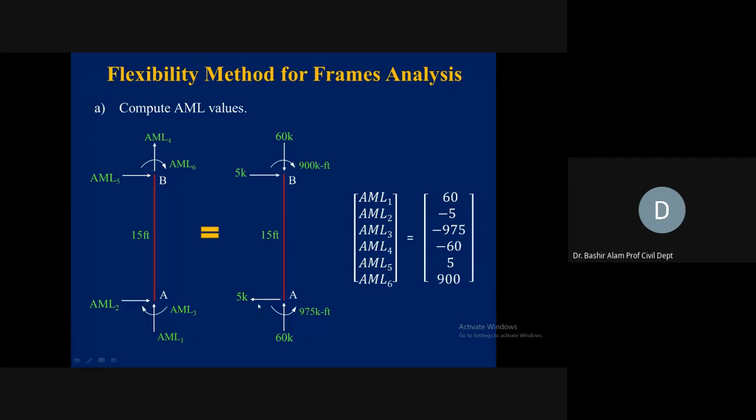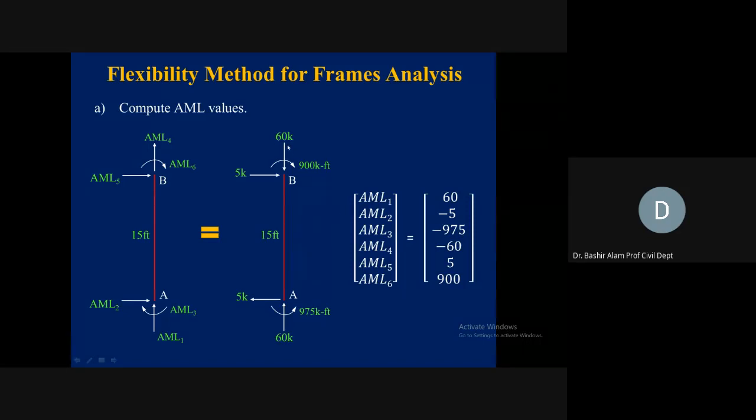AML2 rightward, but here 5 from the actual analysis is leftward, opposite to this one. So it means it is negative, and -5 we write here. Moment clockwise, AML3 was positive, but from actual analysis, it is coming 975 counterclockwise, so -975, so that value is recorded here.